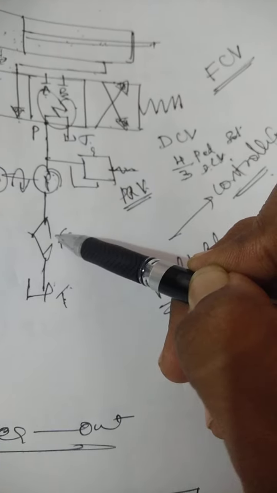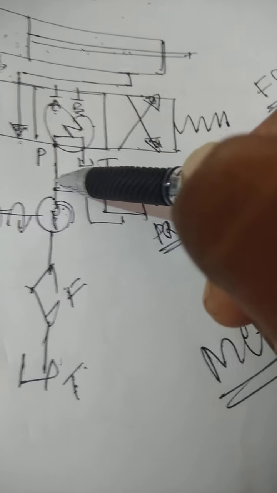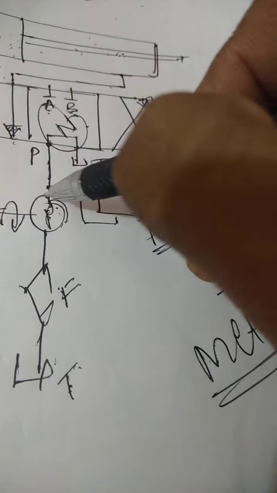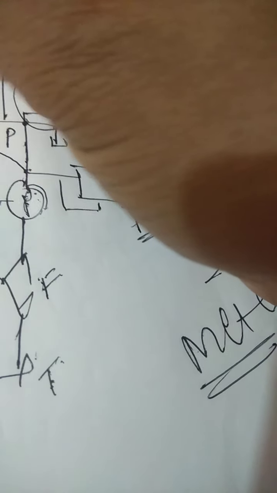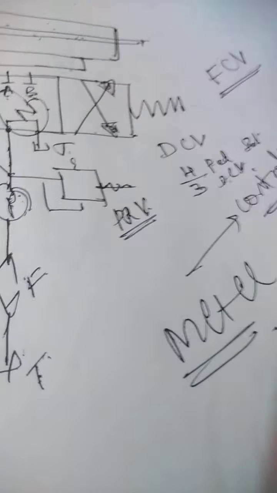Filtering action takes place. Therefore, at the outlet of the pump, you are getting a pressurized fluid. That pressurized fluid moves from the pressure port P to the port A, meaning the piston area of the cylinder.